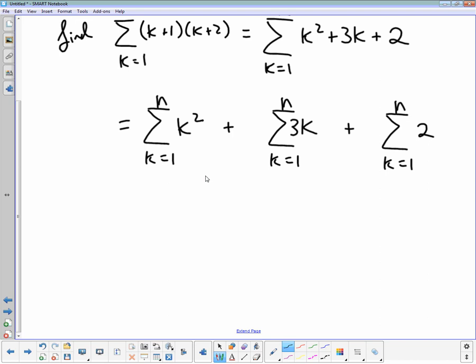And now, using the properties of sigma notation, I can do just a tiny bit more. Well, first of all, I know what this first term is equal to.